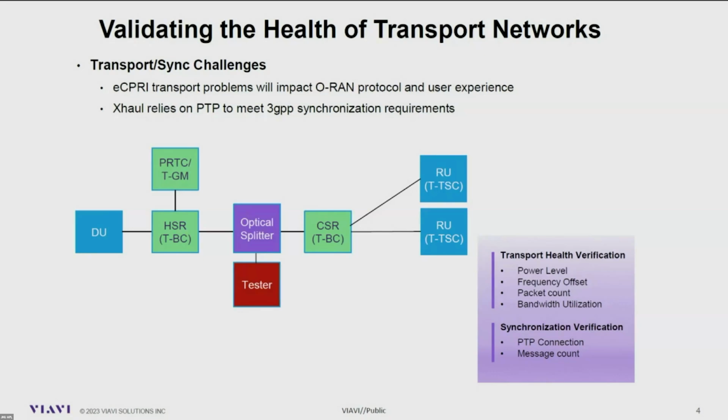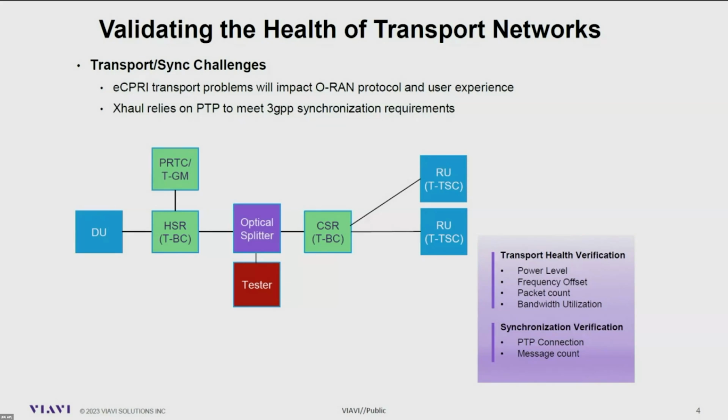So the first thing we want to check is that the transport is working, and that could be basic things, just optical power levels, making sure there is no problem with the SFPs or transceivers, or with the fiber. Then look at the signal frequency, that it is the right signal frequency, 10 gig or 25 gig, for example. Then basic packet counts, just making sure there are packets on the link, and bandwidth utilization.